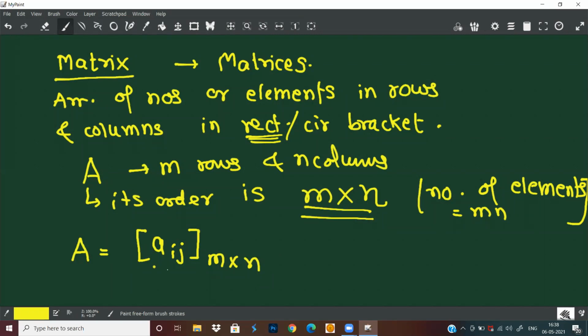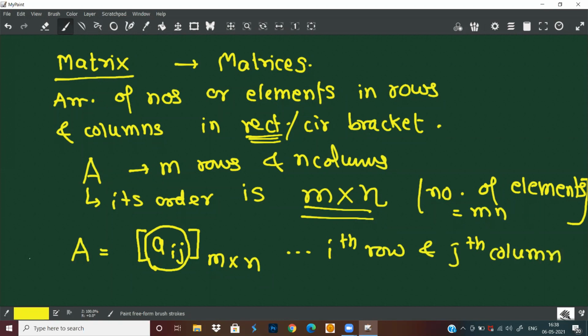And every element is represented by Aij, where it lies. Yes, position of the element in the grid. Superb. Ith row and jth column. This is the first thing that you should know. This is the way we denote any matrix.